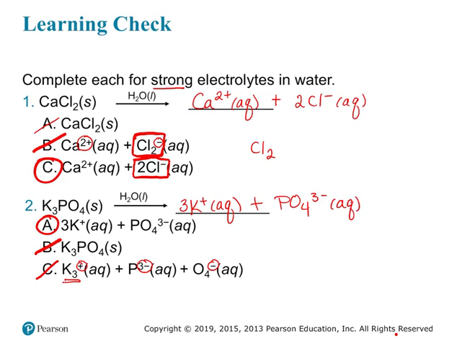Now, one more reason that C is not correct is our phosphate ion is not going to break up into individual potassium and oxygen atoms. Remember, in a polyatomic ion, we have covalent bonds holding those atoms together, and then they just have an overall charge. So it would be really difficult to break up the phosphorus and oxygen atoms from each other.